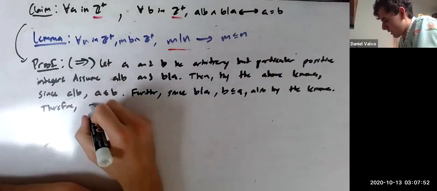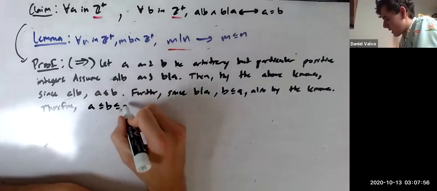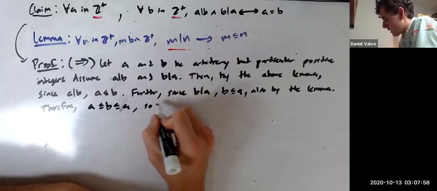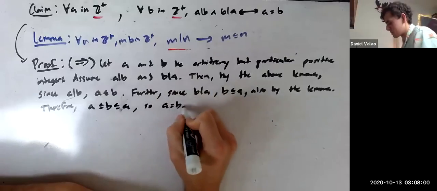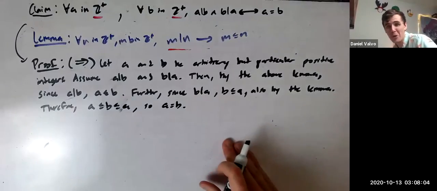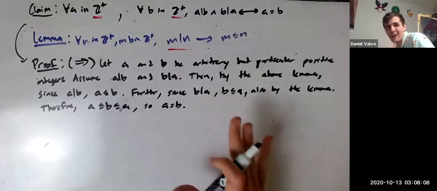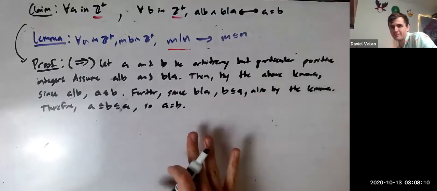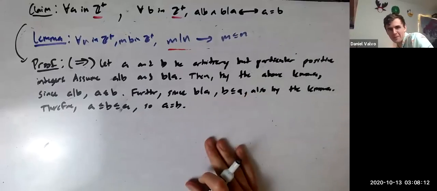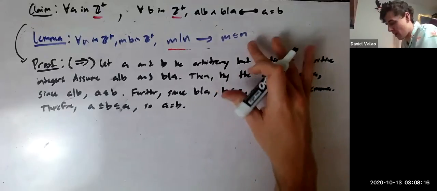Therefore, A is less than or equal to B, is less than or equal to A, so A equals B. This is the beauty of a lemma, right? Just this little lemma right here made this proof instant, basically. So lemmas should not be underappreciated in math. They're awesome.